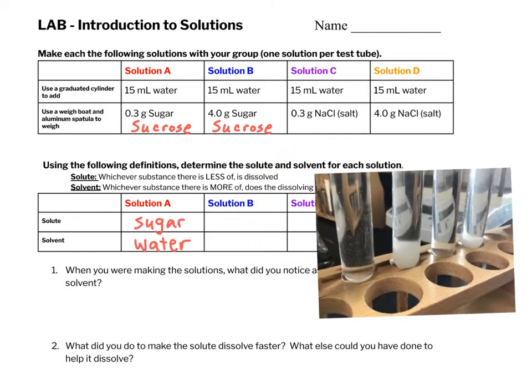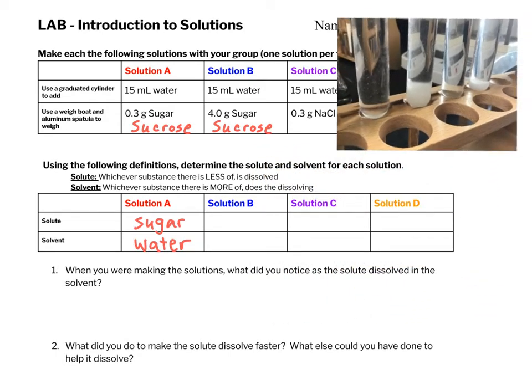Now that's going to be the same for the other solutions as well. So the solute, sugar, and in the other ones, the solute, salt. And the solvent is water in every case, the stuff that does the dissolving.